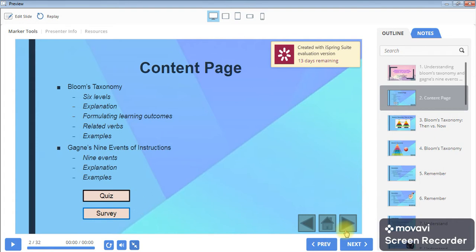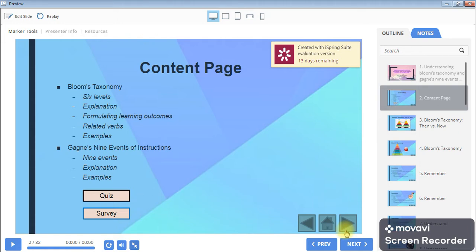Meanwhile, in Gagne's 9 events of instruction, we are going to talk about the 9 events, and we will come with explanation and also some examples. The third part is a quiz using ice cream, and the fourth part is a survey, also using ice cream.